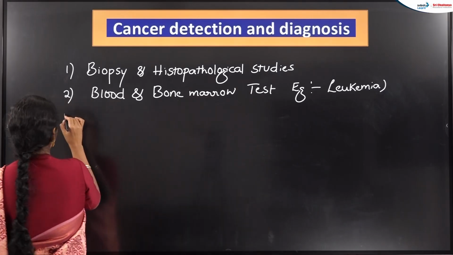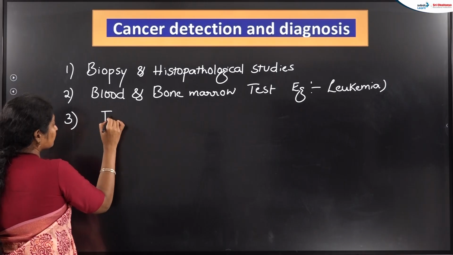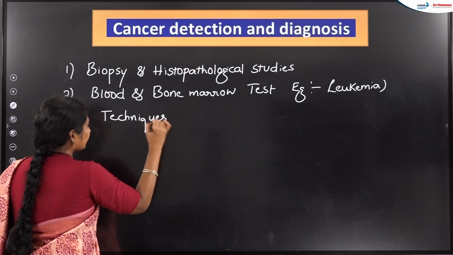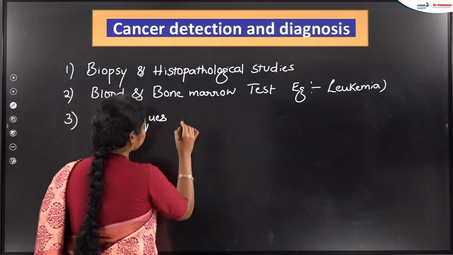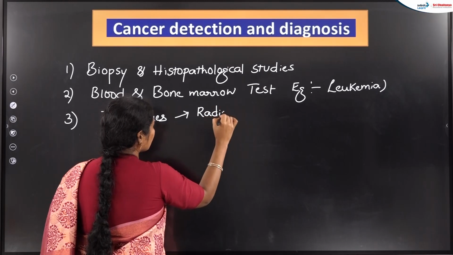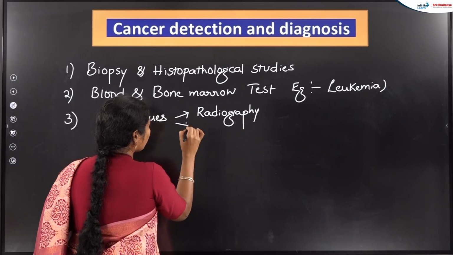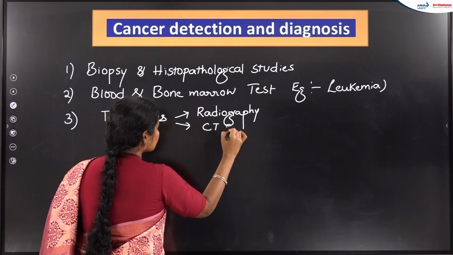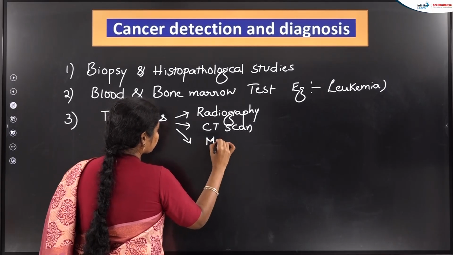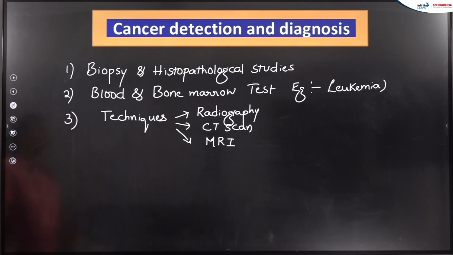Next, third one is techniques: radiography, CT scan and MRI. These are the techniques we use for detection of cancer.